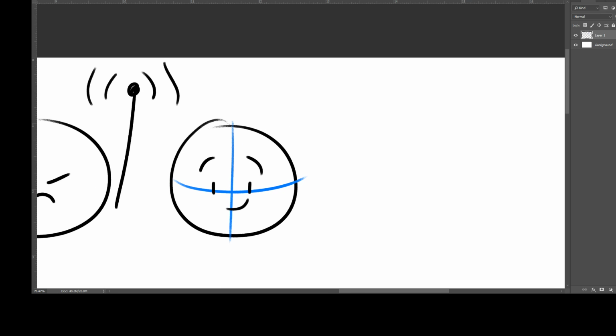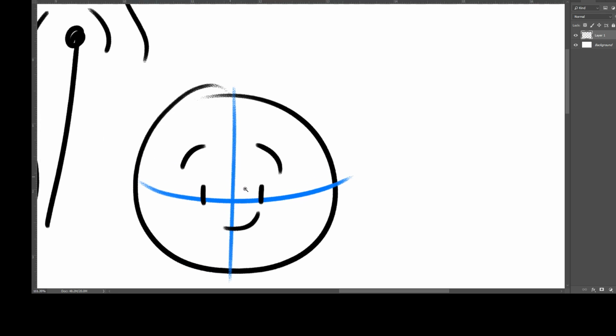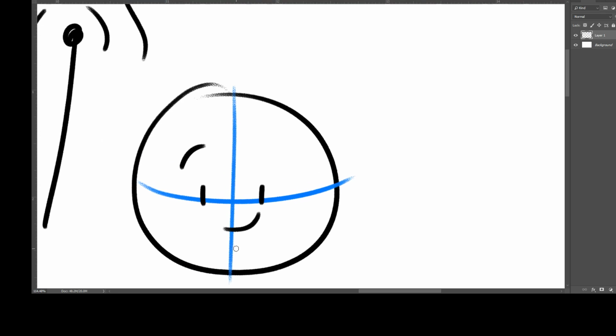That almost kind of looks more smug. That works good for a smug face. But if we changed one of the eyebrows, because cool thing about eyebrows, they don't always have to do the same thing. They can actually do something different. And I'll show you. So say we have one kind of smug guy eyebrow, and then one kind of like evil eyebrow. So it's like coming this way.